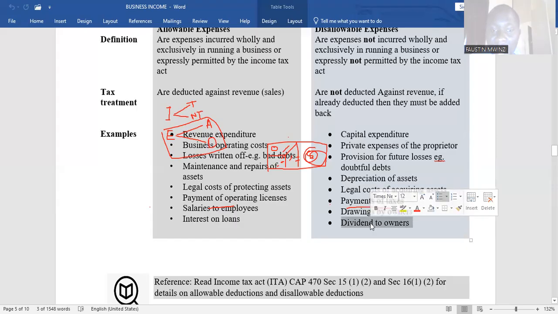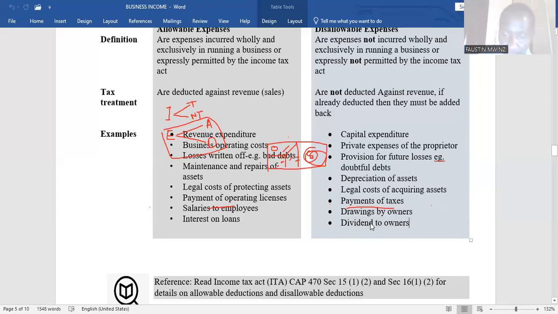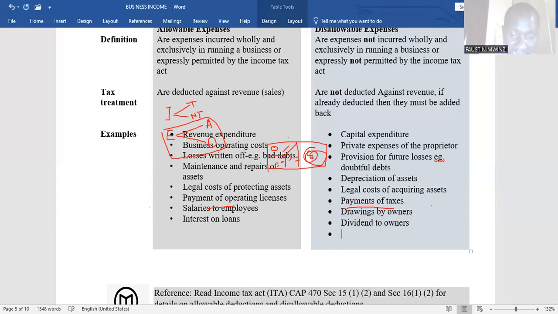And we should add to this list any expense in connection with illegality. When you incur illegalities, you breach contracts and you pay penalties and so forth, those expenses will not be allowed.